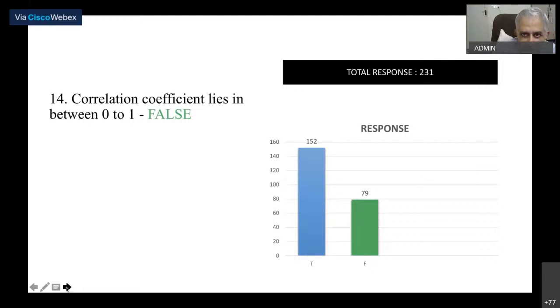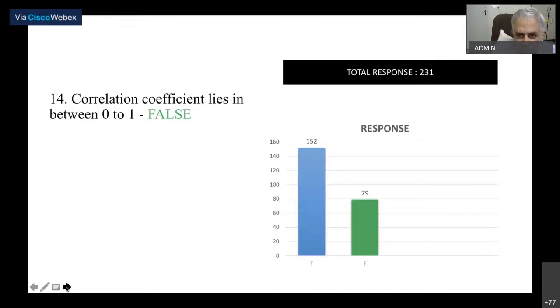Anything below 0.5 may not be that significant. 0.7 and above is highly significant. 0.5 to 0.7 is significant. Between 0.3 and 0.5 is suspicious, or it may be mildly significant. Below 0.3 is almost insignificant. So this answer is wrong.